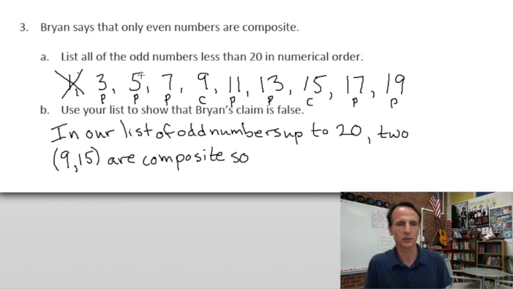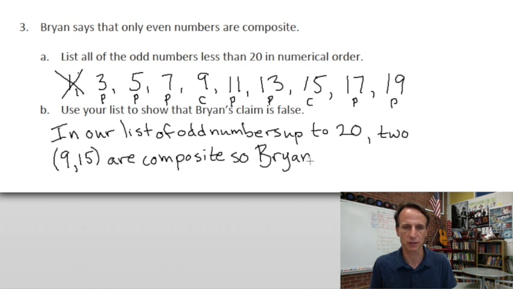So, therefore, what have we proven? He said only even numbers are composite. So Brian is wrong.